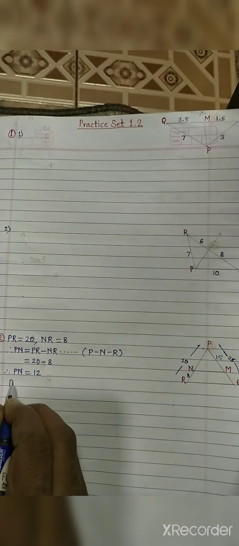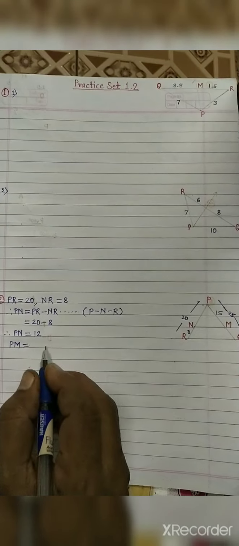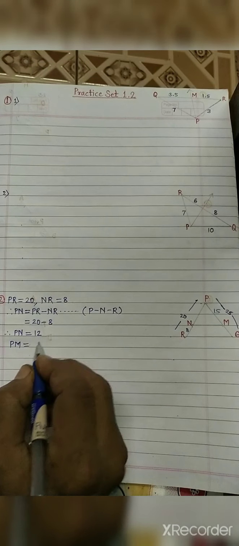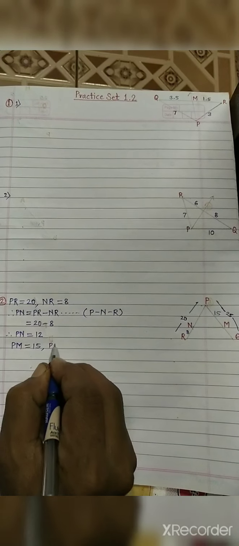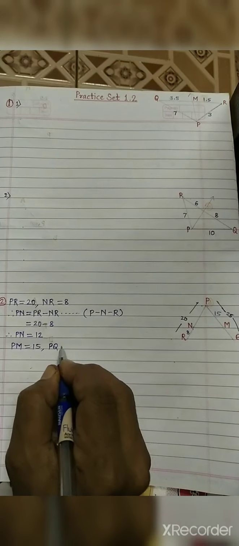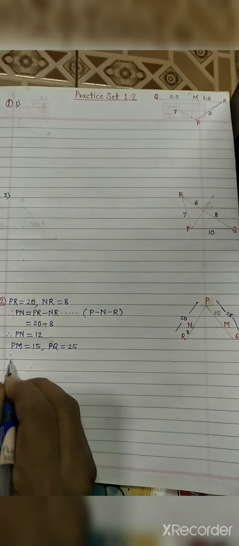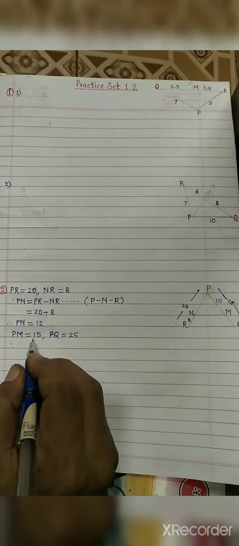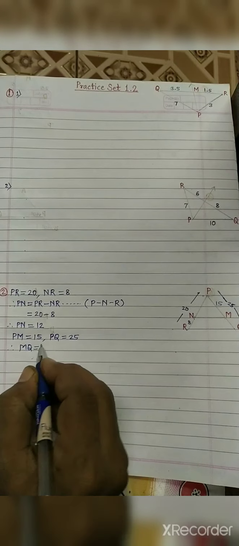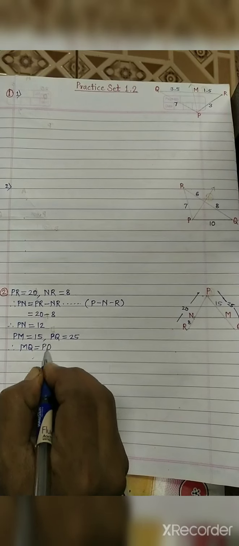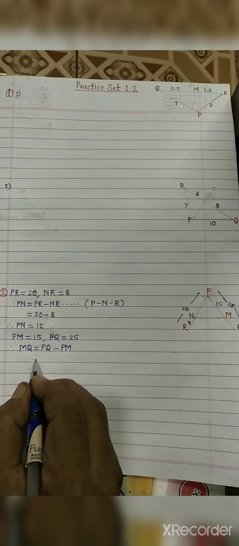So PM is equal to 15 and PQ is equal to 25. So MQ is equal to PQ minus PM.